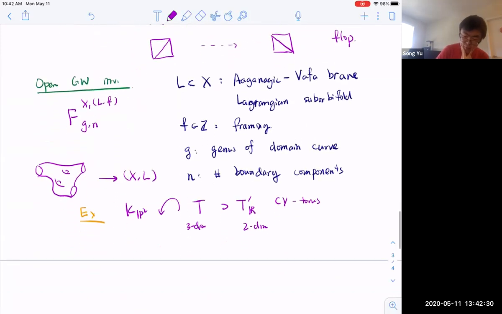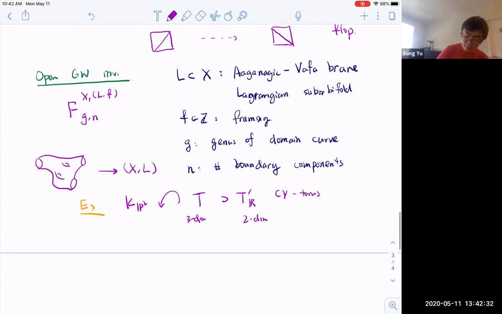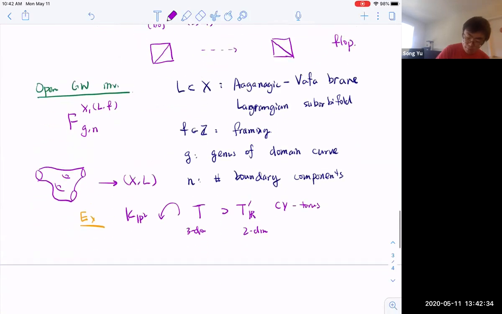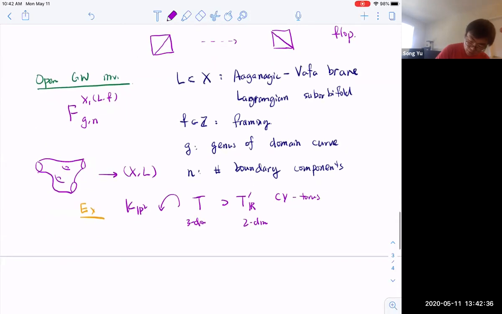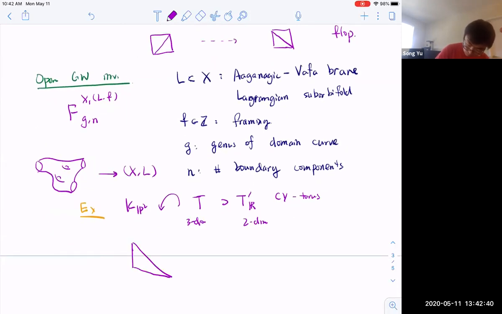The image of the torus invariant curves under this two-dimensional moment map will look like the dual of the fan that I drew. So this is a fan, but the image will be the dual planar graph, which is the toric graph.